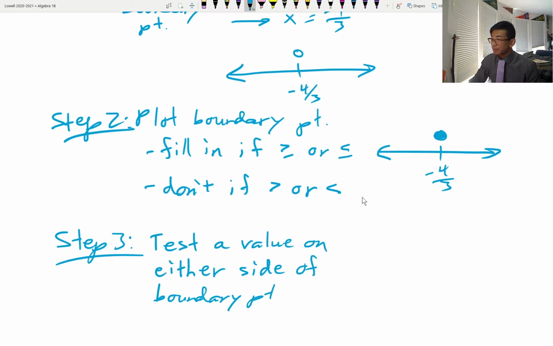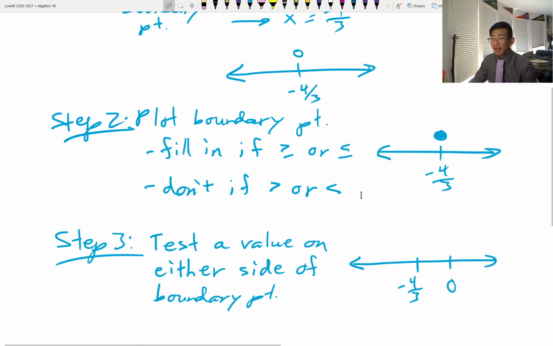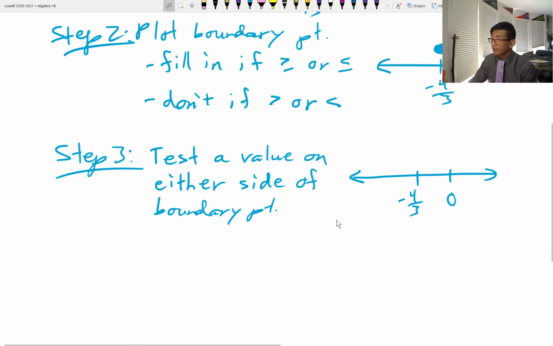Okay, so if possible, I recommend choosing x equals 0 because that makes your life a lot easier most of the time. So for us, that will work. Negative 4 over 3 is over here, and 0 would be over here. So I'm going to check that. I'm going to plug in x equals 0. And remember, the original inequality was 3 times (x plus 4) greater than or equal to 8.